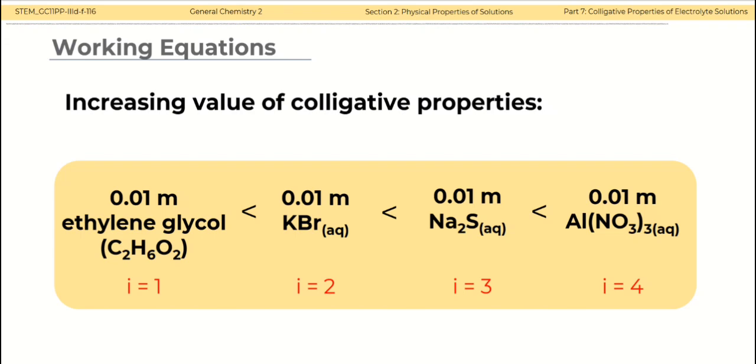On the other hand, aluminum nitrate has i equals 4. So, its colligative properties are the highest among the given solutions.